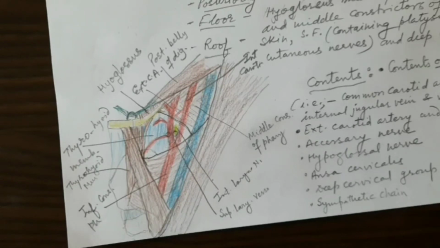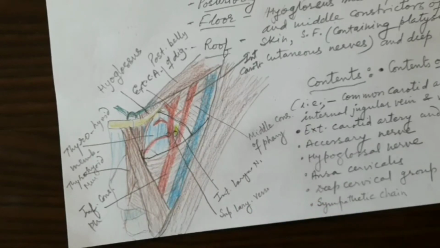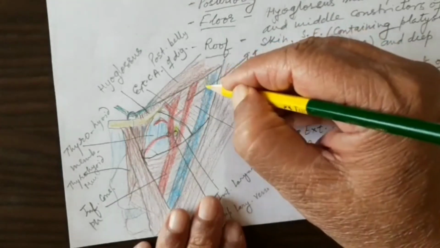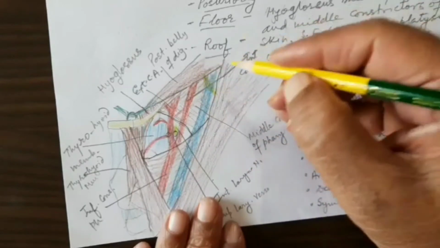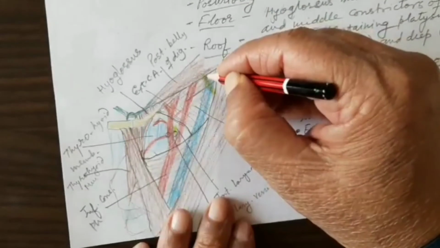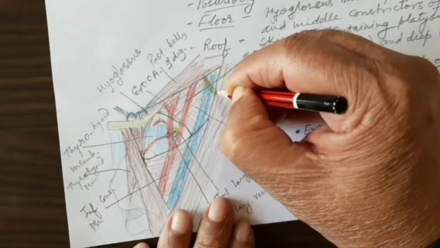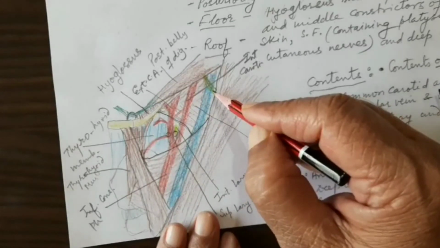Then there will be a nerve. Let us draw some of the nerves. There will be a nerve which is going quite superiorly, crossing the vein from the superior angle, and I'm using the yellow color which may not be seen, so I will use the black color now, and in between we'll try to fill the yellow color so it becomes visible.